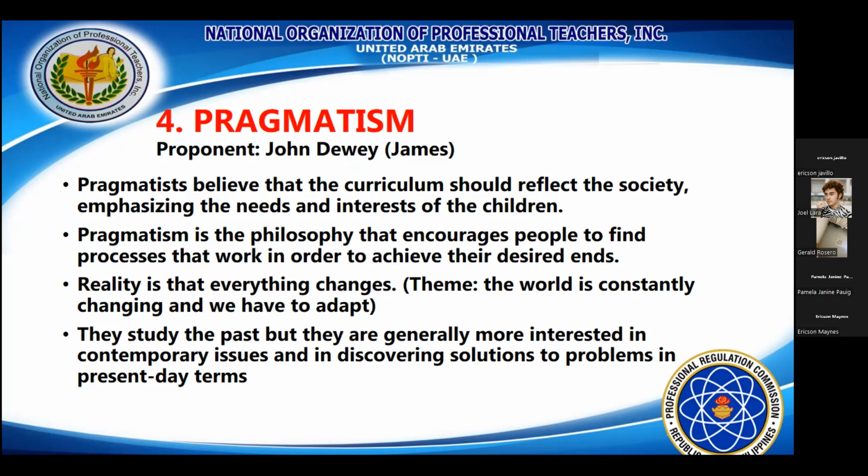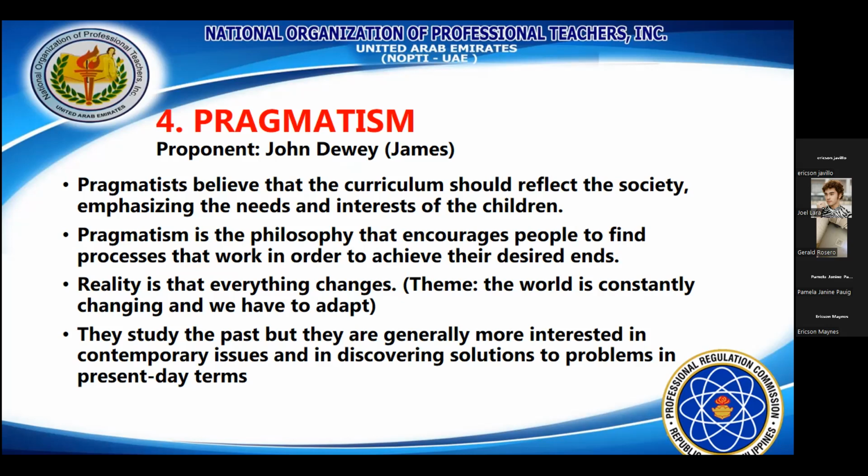So in a pragmatic school, emphasize nila na the world is changing, so we need to adapt to it. So anong gagawin? You need to encourage the students to find solutions that work, that would best fit, that would best answer each of the problems that we are facing.